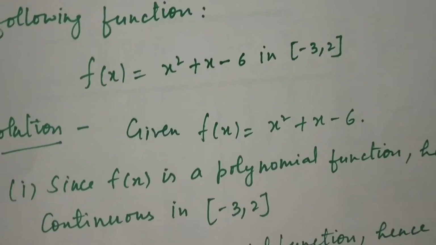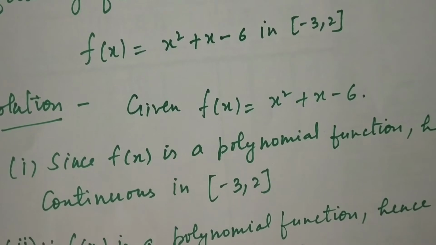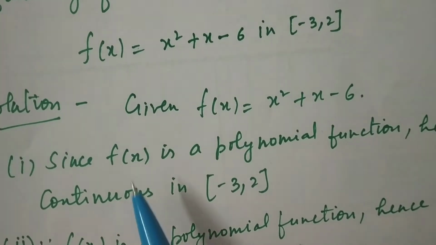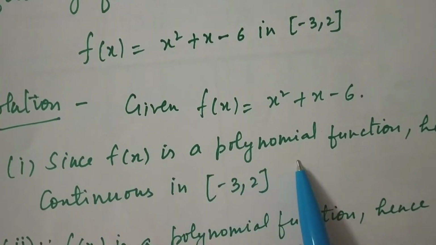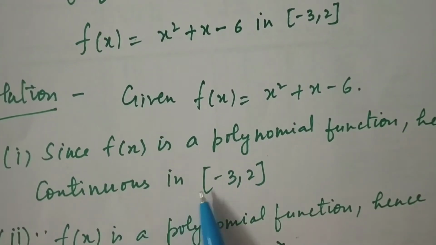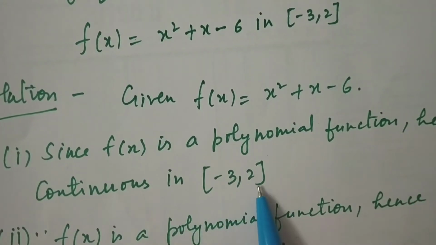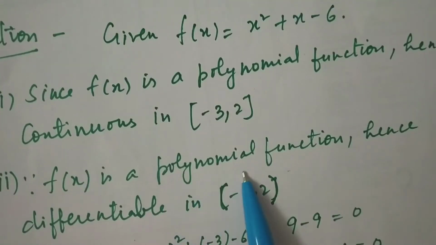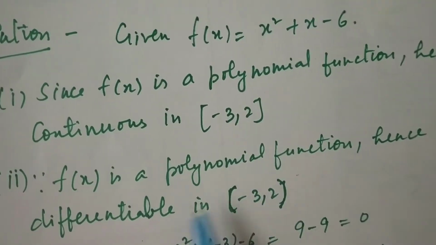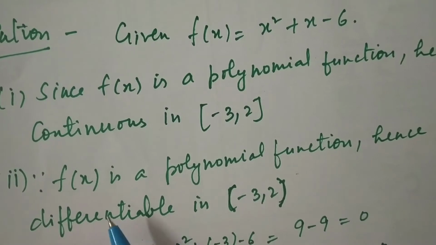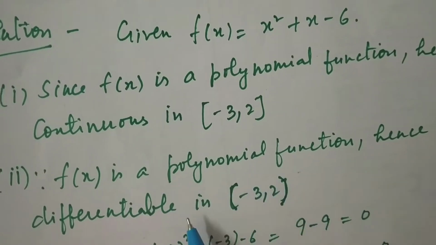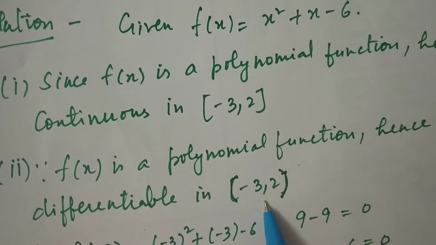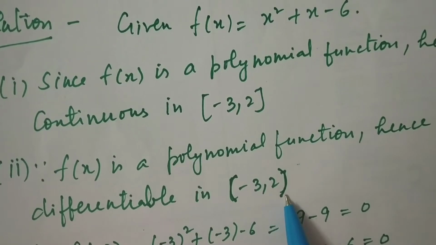Since f(x) is a polynomial function, it is continuous in the closed interval [-3, 2]. Since every polynomial function is differentiable, f(x) is differentiable in the open interval (-3, 2).